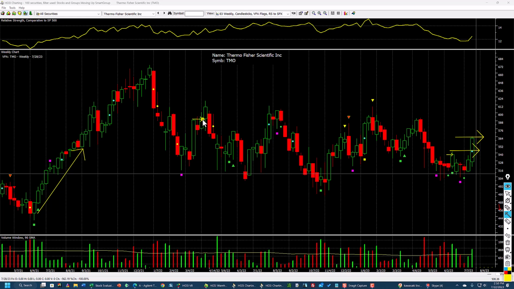Let's see, on this one, that was the first higher high, second, and then it did get to a third higher high, but it failed. That's why we control risk, because no matter what criteria we use, there's always a chance of a failure. But over here, it's moving up, yes.